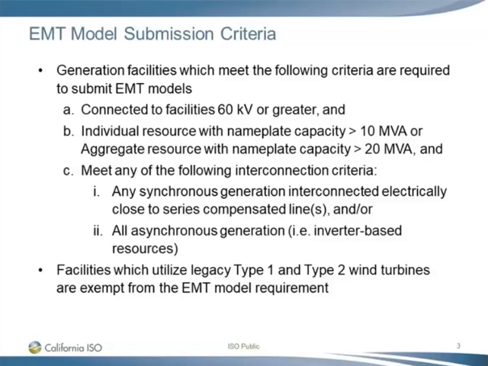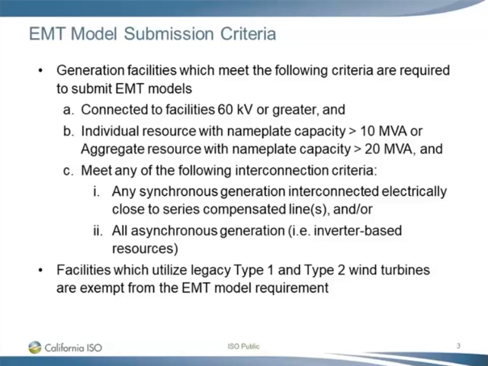Second, the individual resource has nameplate capacity greater than 10 MVA, or the aggregate resource has a nameplate capacity greater than 20 MVA. And the last criterion: a synchronous generator will require an EMT model if the generator is electrically close to a series compensated transmission line. Or any asynchronous generator will be required if they meet A and B as well.